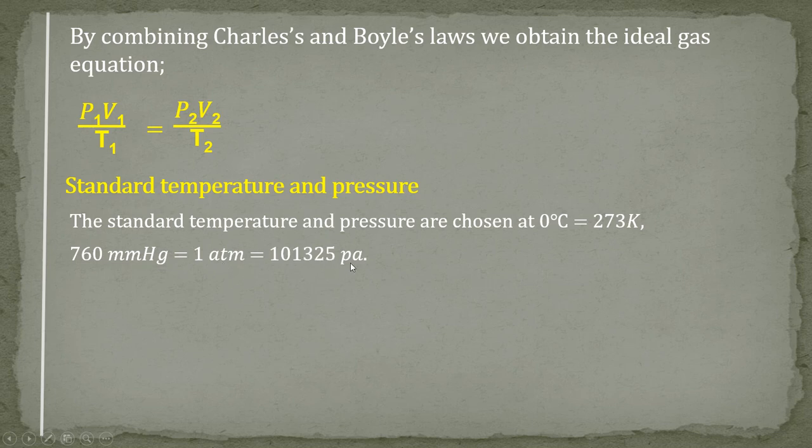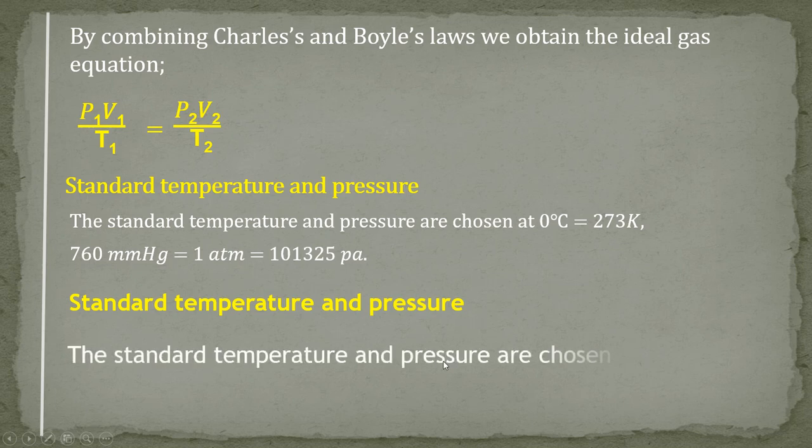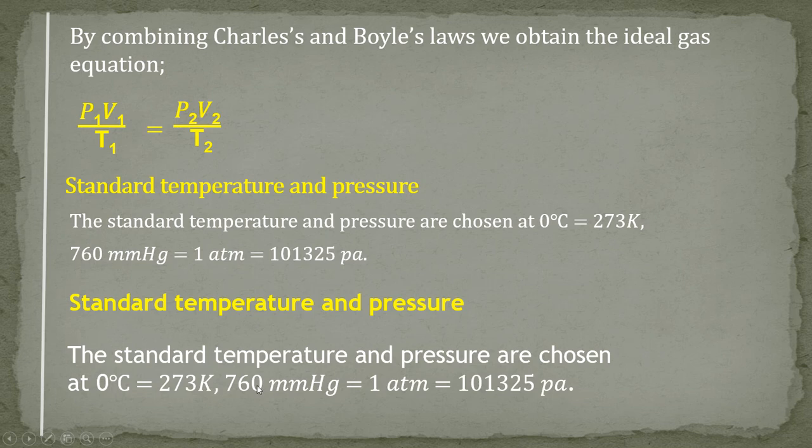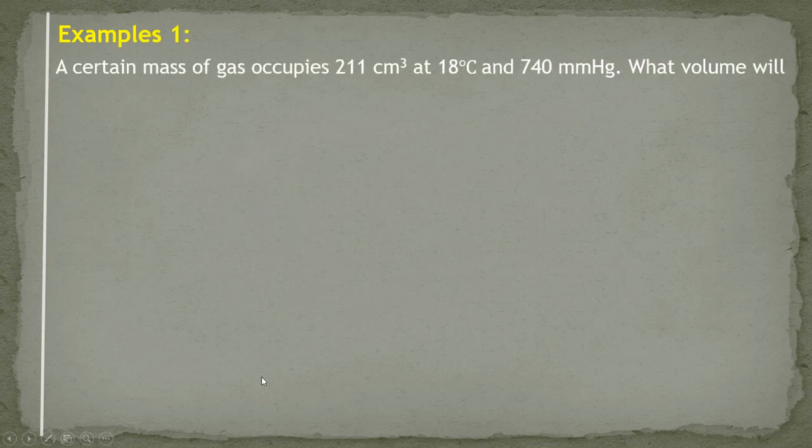And we have said 1 pascal is equal to 1 newton per meter squared. That means we can also say this is equal to 101,325 newtons per meter squared. Therefore, the standard temperature and pressure are chosen as 0 degrees Celsius and a pressure of 760 millimeters of mercury, so we can now use that to calculate whichever number we are given.